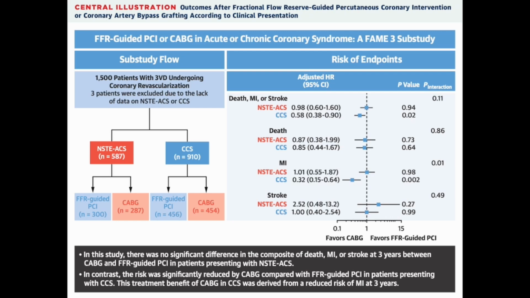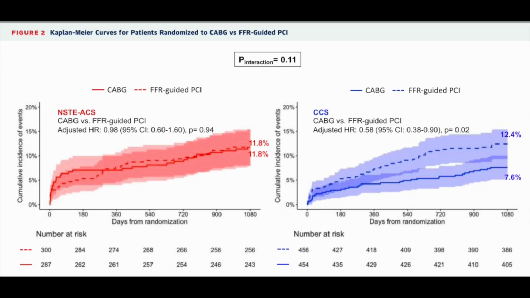When we completed enrollment, 40% of patients presented with a non-STEMI acute coronary syndrome, and 60% had chronic coronary disease. One of the first comparisons, again pre-specified, was the outcomes of death, MI, or stroke in the ACS patients between CABG and PCI, and we found really no difference. They had very similar event rates at just a little bit below 12%.